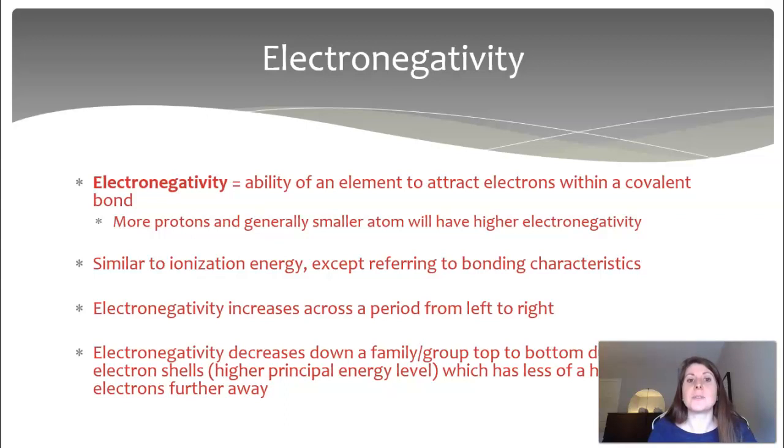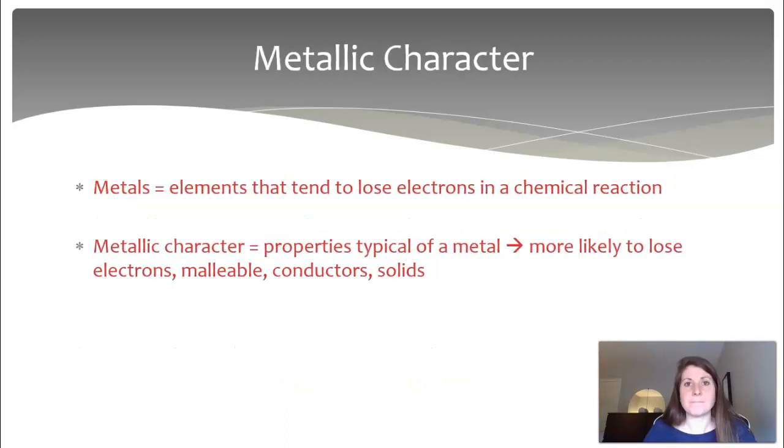It's going to increase across the period from left to right. So the atom with the highest electronegativity is fluorine. It will decrease down a family or group, meaning they have less of a pull on the electrons if they're in a covalent bond.